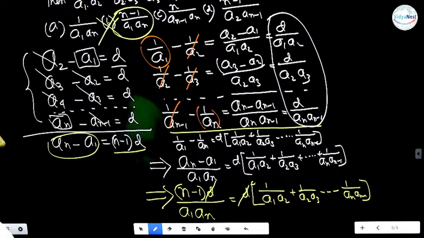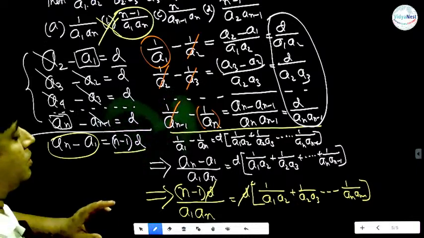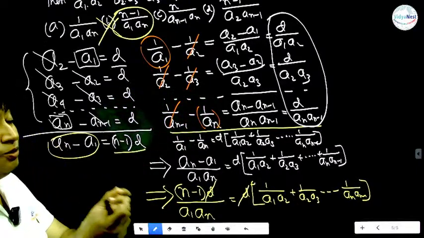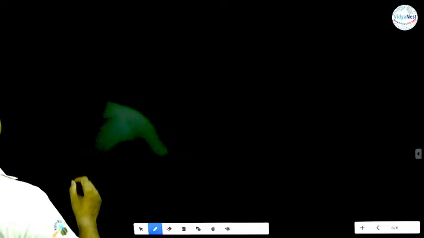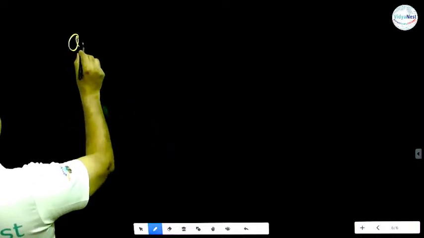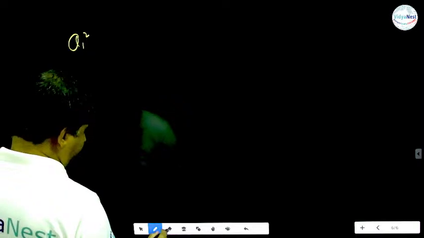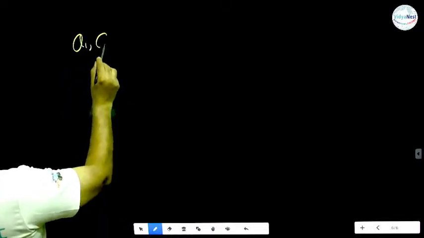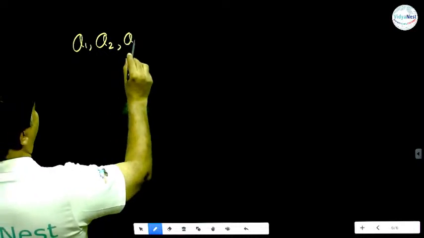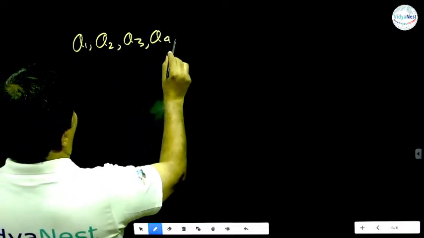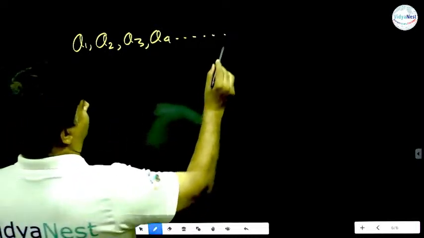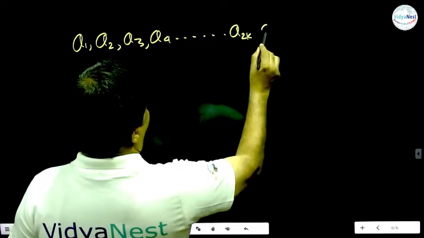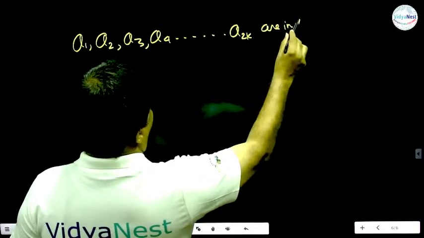Now these sums and previous sums combination will produce a new sum. You just observe. Suppose a1, a2, a3, a4 up to a2k are in AP.